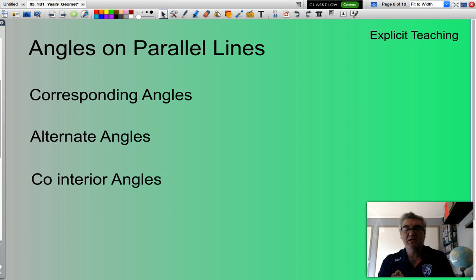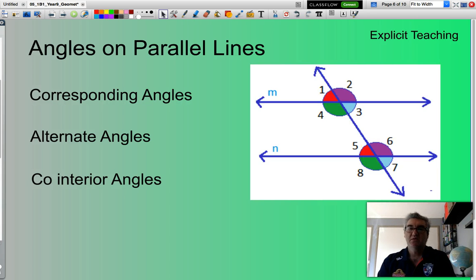And if we look at angles on parallel lines this time, we have three major names of angles that we consider. The first one being corresponding angles. Now, here are my parallel lines, M and N, and I have a line here that cuts those parallel lines called the transversal. Angle 1 and angle 5 are considered to be corresponding.